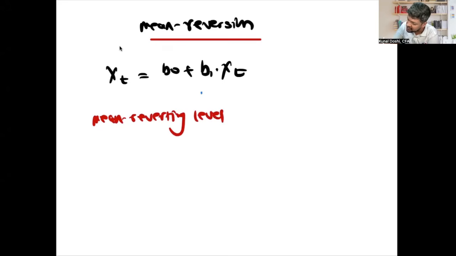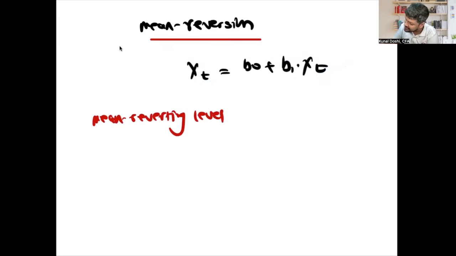I will rearrange the formula. If you see this entire formula, right? If I further solve this, I will take xt here and b1 on the other side. So it will be xt minus b1 times xt equals b0, correct?